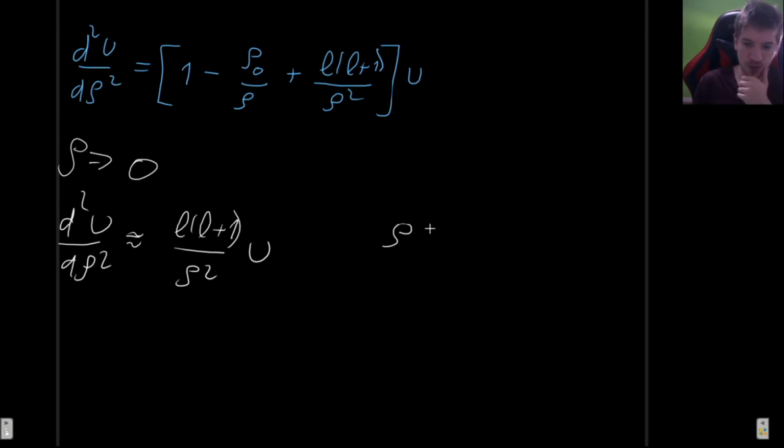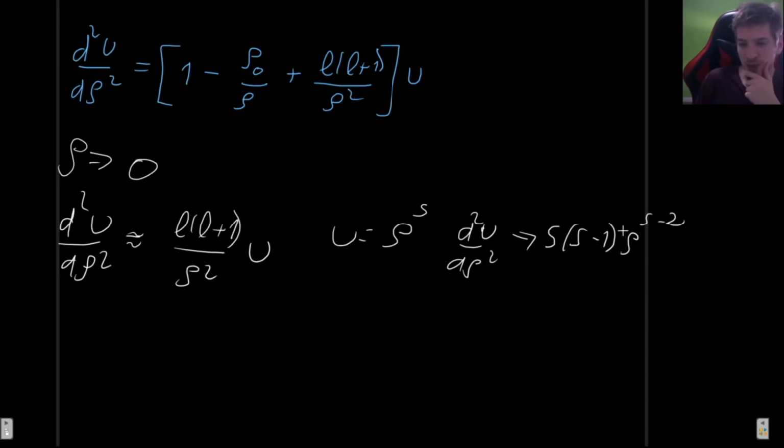If we have rho to some power, let's just call it s, and we take the second derivative of it, d squared u d rho squared, where u is of this form, we're just going to get s times s minus 1 rho to the s minus 2. And why do we know that it has to be like this? Because the right hand side is going to be divided by rho squared. So L plus 1 over rho squared u.